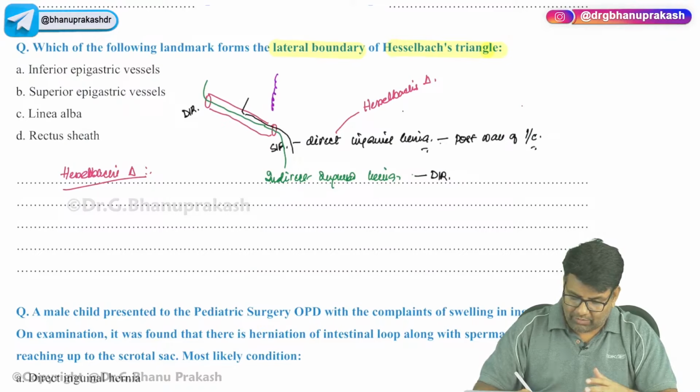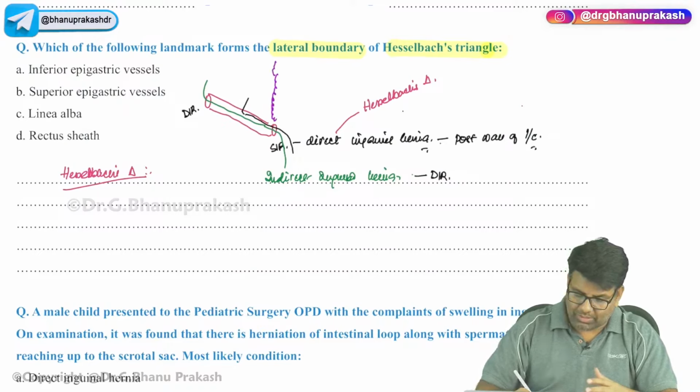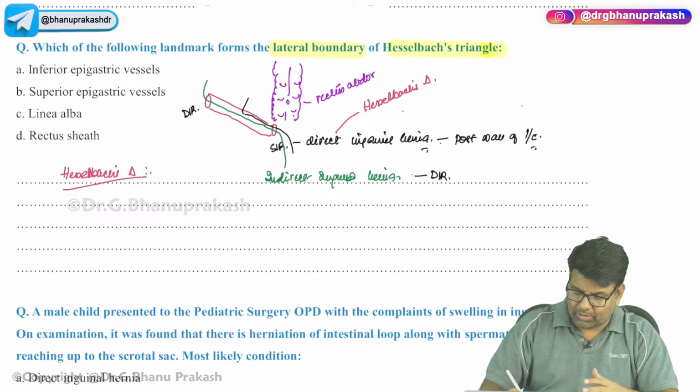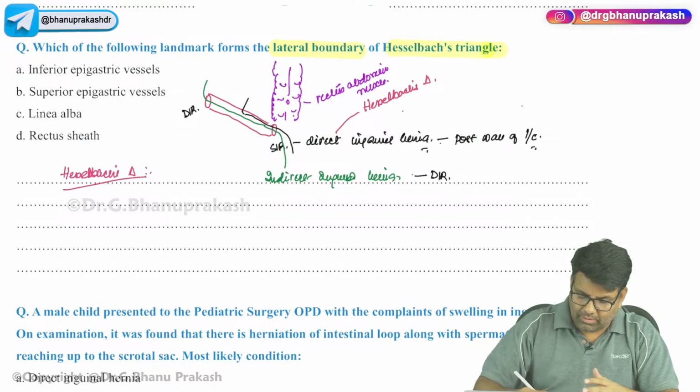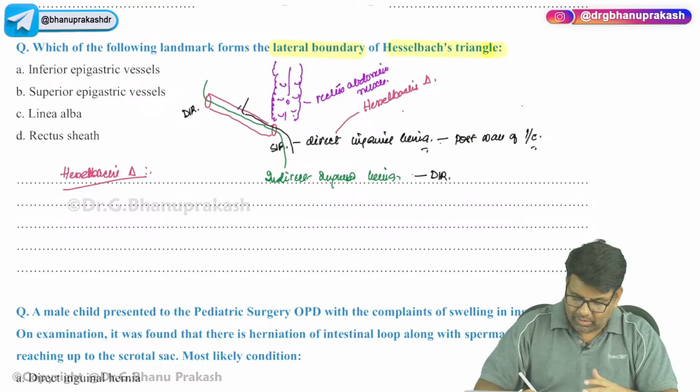On either side we have the rectus abdominis muscle, and here we have the inferior epigastric vessels.